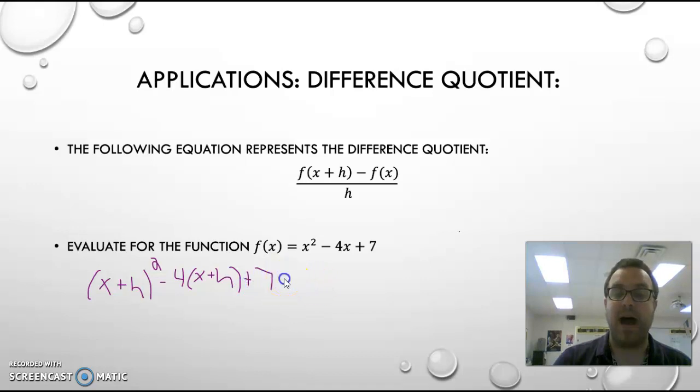And then I'd say minus f of x, so that would be minus x squared minus 4x plus 7.